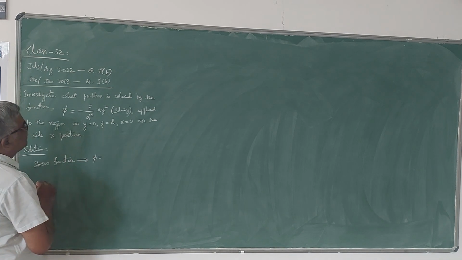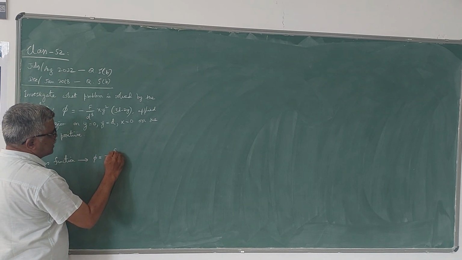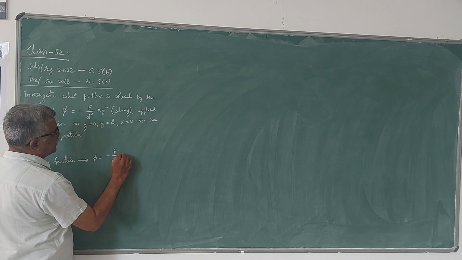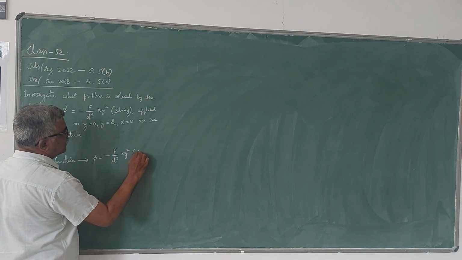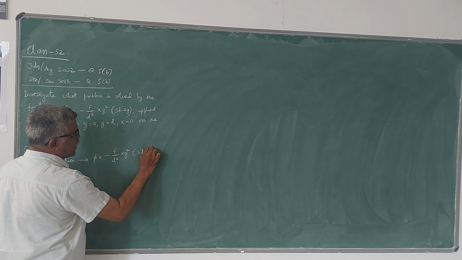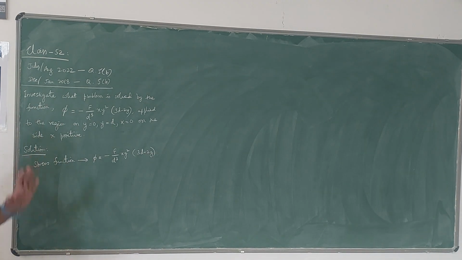So in this problem, phi is equal to minus F by d cube x into y square into 3d minus 2y. This is the given stress function.